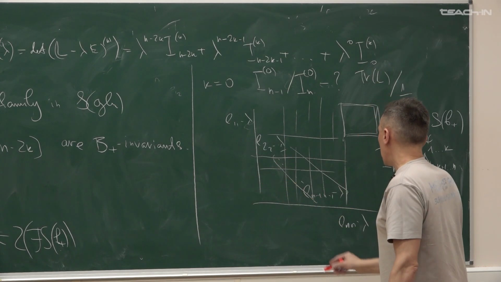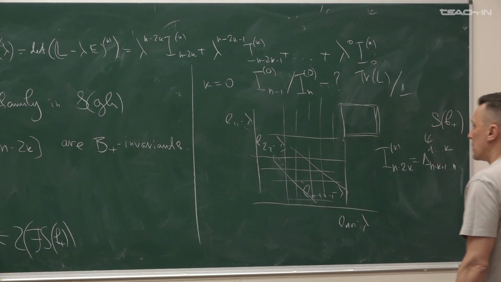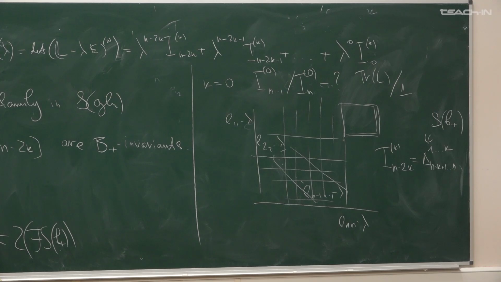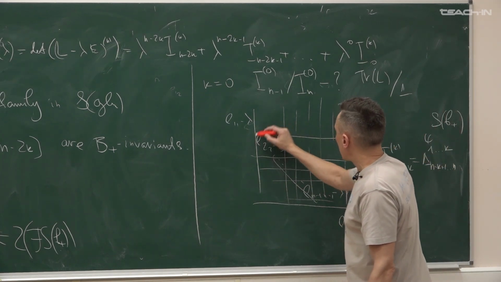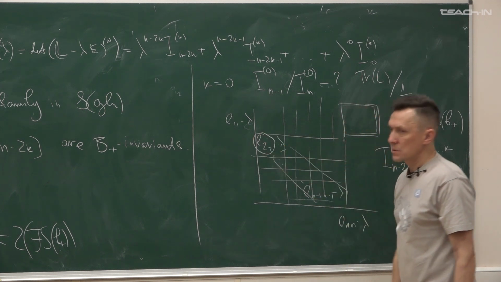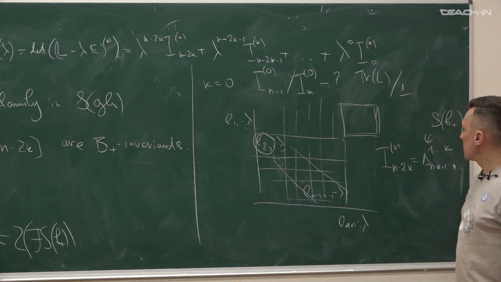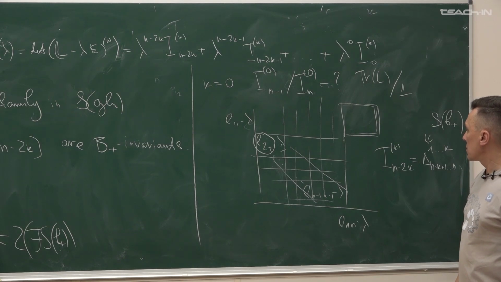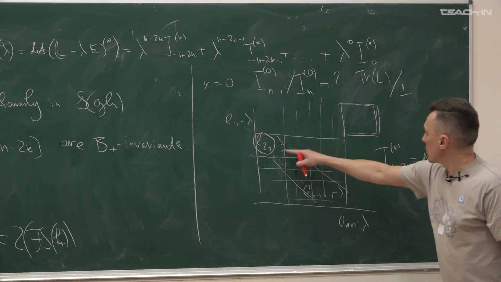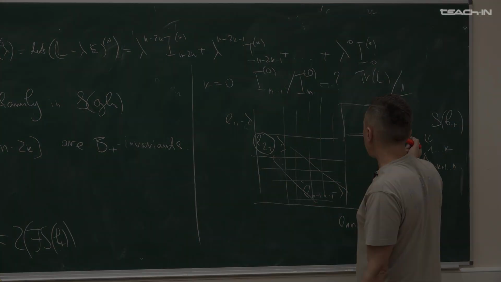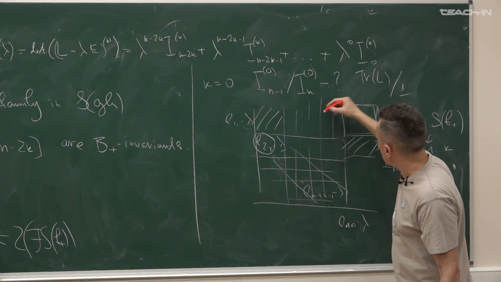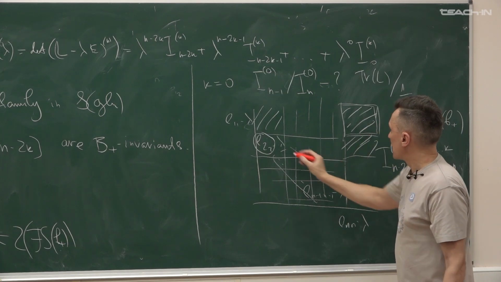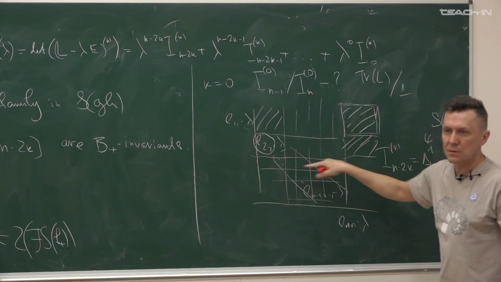And it means that we can take from this block only this element. Okay? And we multiply these lambdas by this minor.